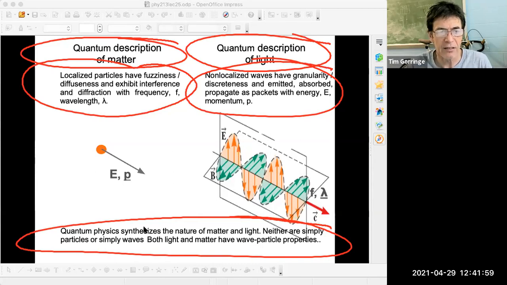They're entities that have what we call particle-wave duality. So gone are the days of things being simply a particle or simply a wave. In modern quantum physics, things are more complicated than that. Those entities exhibit both wave and particle-like properties.